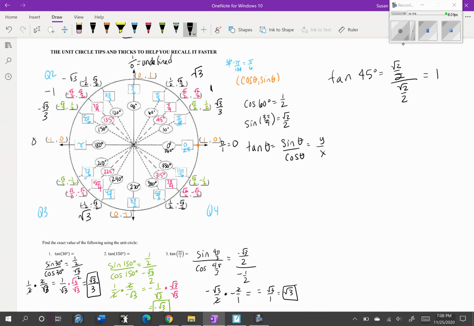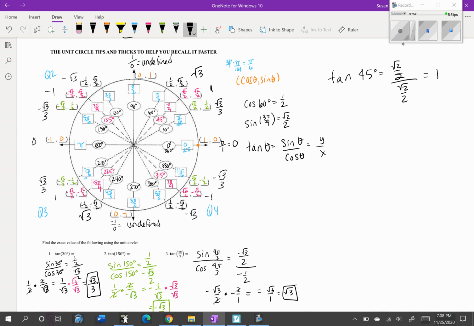At 7 pi over 6, negative divided by negative means tangent would be positive here, so root 3 over 3, 1, and root 3 we already did. This is undefined again, because sine over cosine would be negative 1 over 0. And then here, notice that your cosine's positive and sine's negative, so that means your tangent would be negative, because again, it's sine over cosine. So negative root 3, this would be negative 1, and negative root 3 over 3.